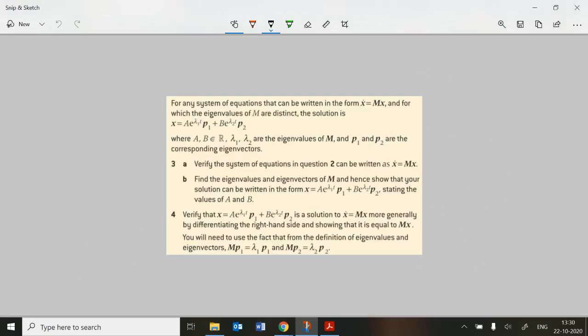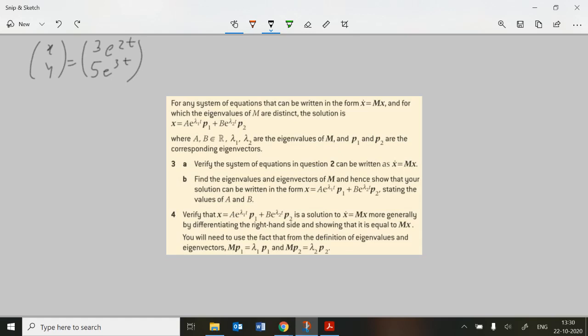And from the previous part, let's also just say that we had from part 2, xy was equal to 3e to the 2t, and 5e to the 3t there. Okay, so we're trying to verify that question 2 can be written in this format.